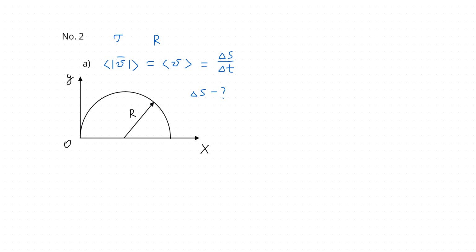The whole circle is 2 pi r, so half of a circle will be just pi r. So this is the path length.